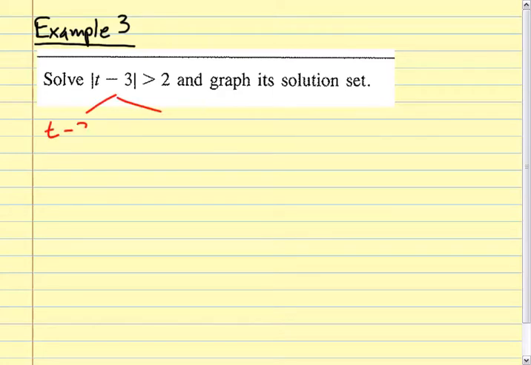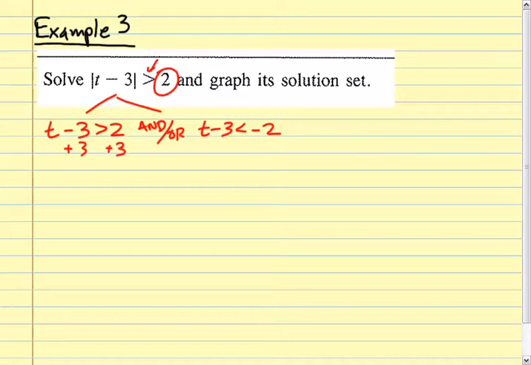t minus 3 is greater than 2, and or, we're going to discover something after this, t minus 3 is less than negative 2. Remember, when I change the sign, I have to flip the inequality. So let's add 3 to both sides, and t has to be greater than 5.